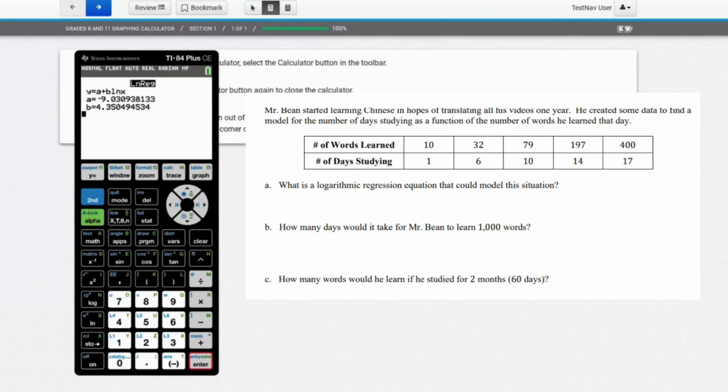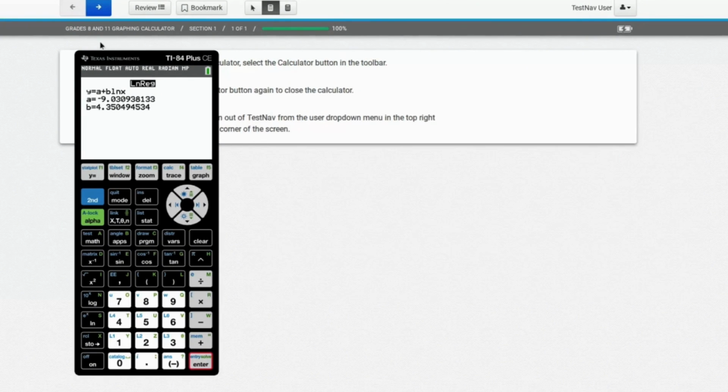Negative 9.031. Okay, so the a is there, plus 4.351. No, 350. That was a close one. Ln of x. All right, so let's quick go back and write that down.